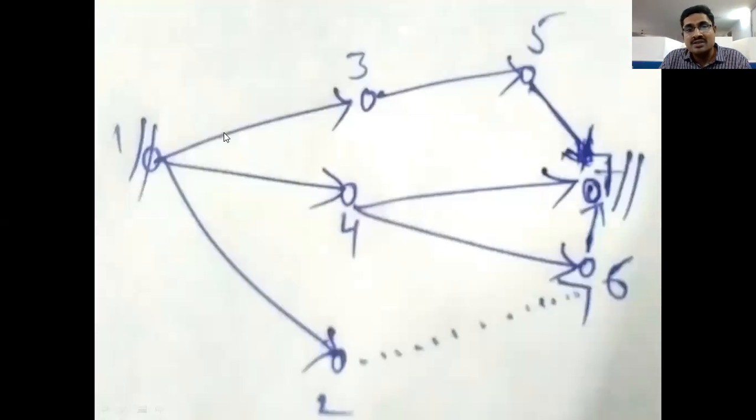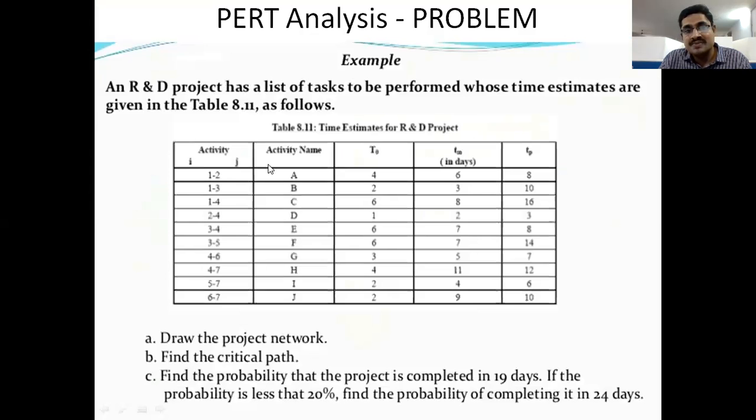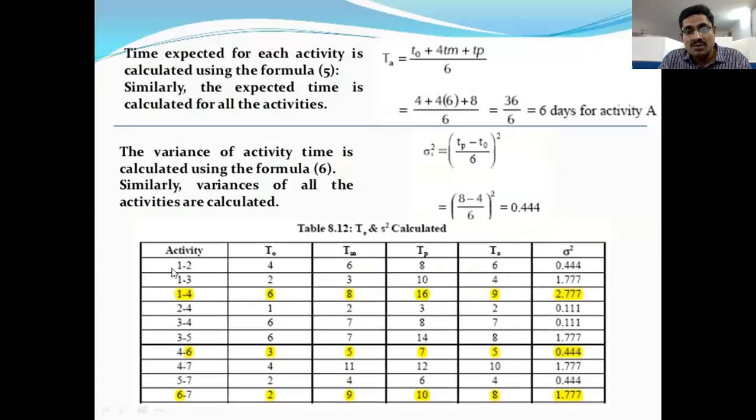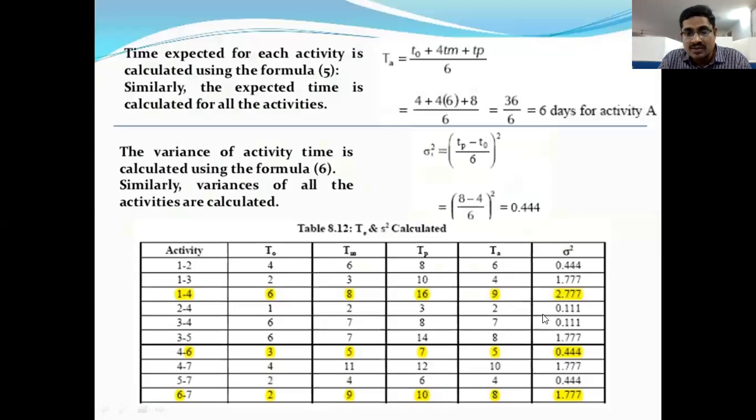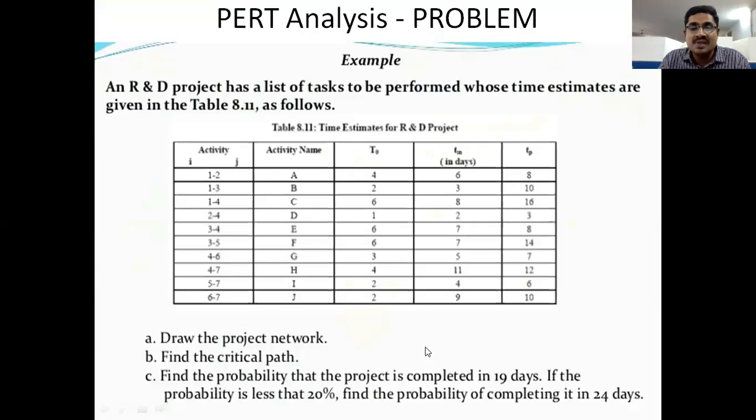These timings are mentioned in this diagram, between these nodes, right? Suppose for activity 1 to 2 we have 6 hours of time. So just put 6 here.